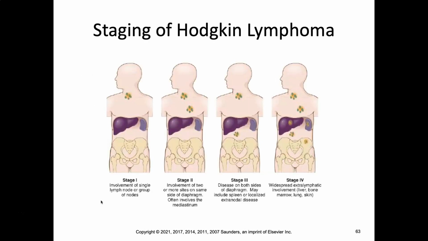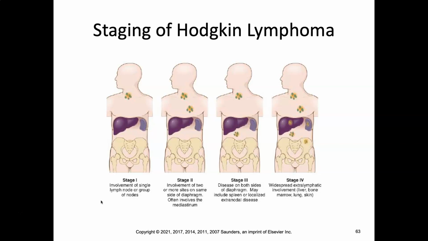This is a really good slide to talk about the staging of Hodgkin lymphoma. And it gives you a good example. You can see how stage 1 it's a single lymph node or group of nodes. It's contained. It's not throughout the body. Stage 2 is now you've got 2 or more sites on the same side of the diaphragm.